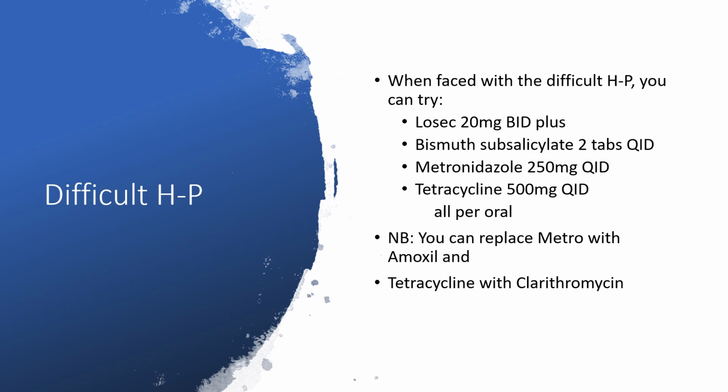You can replace metronidazole with amoxicillin, and you might replace tetracycline with clarithromycin. You know the reason, right? If someone is allergic, if someone could not take tetracycline, maybe because of the age, you replace appropriately.